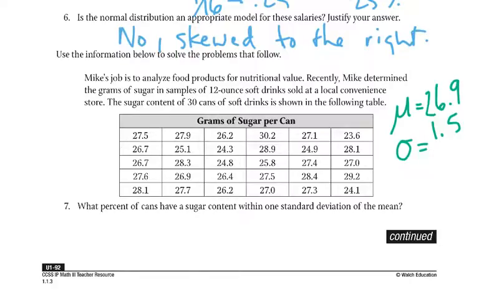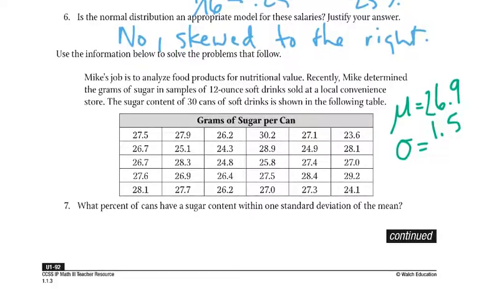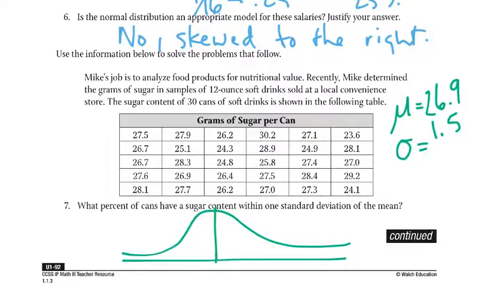So, if we're thinking about that bell curve, our mean would be 26.9. And one standard deviation away, we'd have to add and subtract. So 26.9 plus 1.5 would give us 28.4. Two standard deviations would be 29.9, and then 31.4.